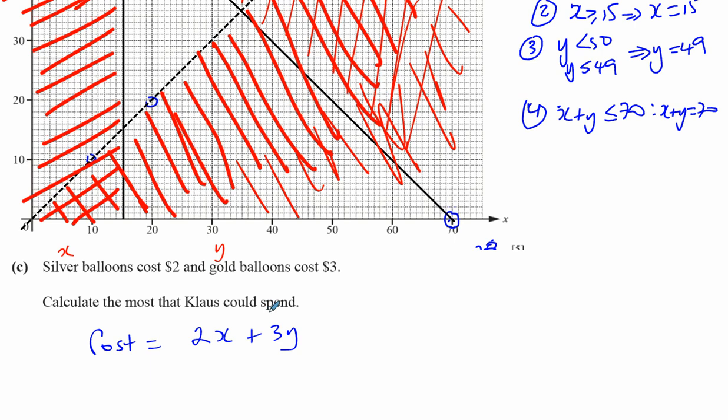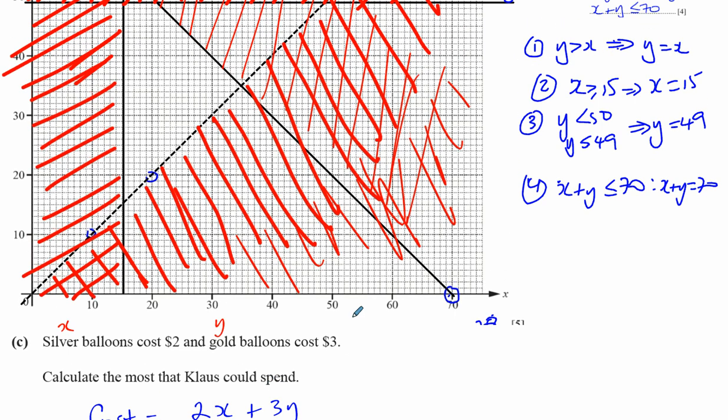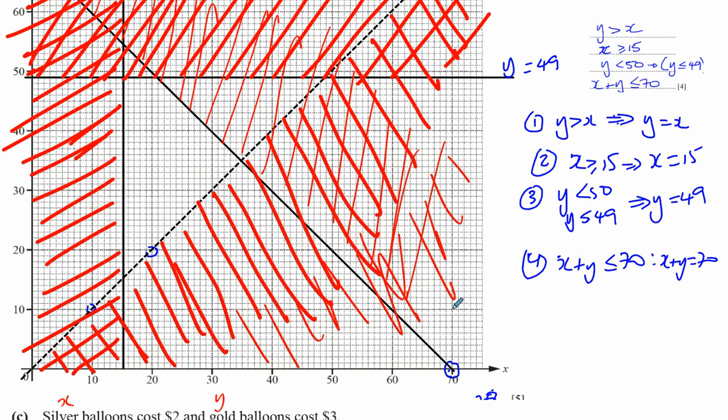So we have to find the most that Klaus can spend. Now, when you have a region like this, we're only allowed to choose points in the unshaded region. That's the required region. That's the region that fulfills all the constraints. The number of gold balloons must be more than the silver balloons.